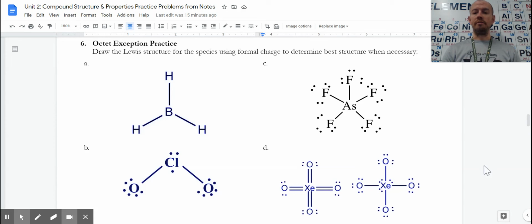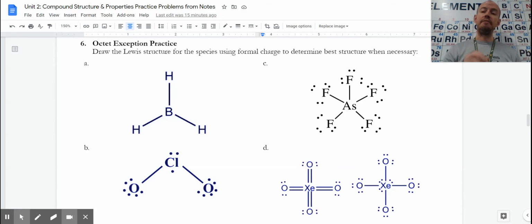When we do this, we follow the rules. We connect with single bonds, we fill with dots, and then we get to using the right number of electrons. When we are doing that, it's very important that we count them. We can put our extra dots on our central atom of xenon. Xenon is very far down on the periodic table.